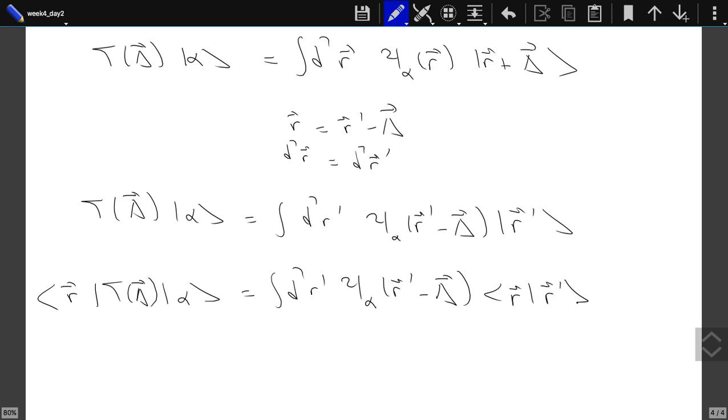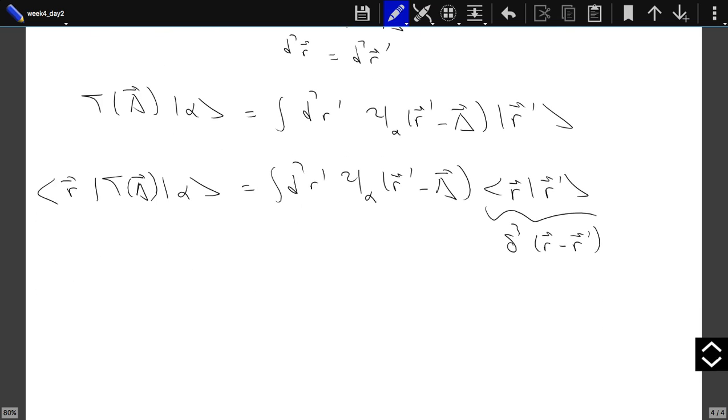This is the inner product. Well, that inner product is nothing but the Dirac delta. Using that Dirac delta, I can just evaluate the integral. So the wave function corresponding to my translated state is just psi alpha of r minus delta.